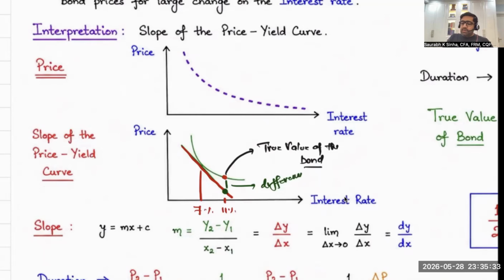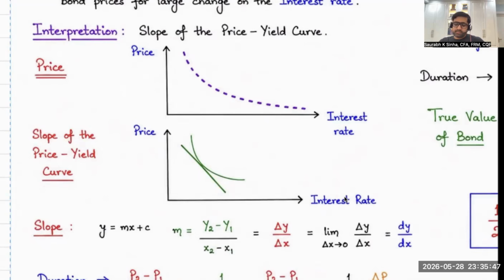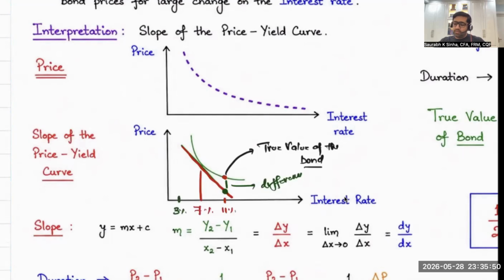Even if the interest rate falls and goes to the level of 3%, then if you try to price the bond with the help of duration, you will fall on this line.